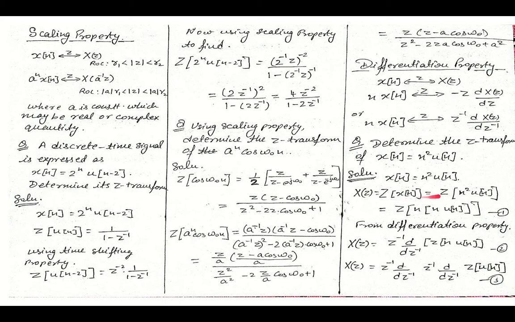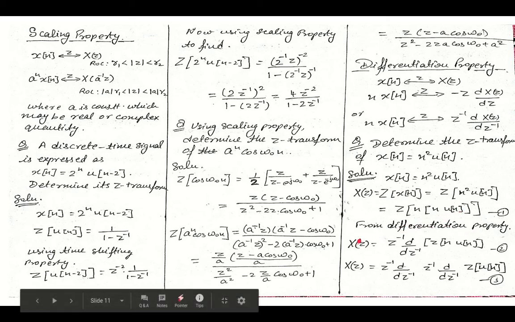Instead of xn, I can put n square un. Now this z transform will be of n into n un. So from the differentiation property, X(z) will be equal to z inverse d upon dz inverse of z transform of n un.